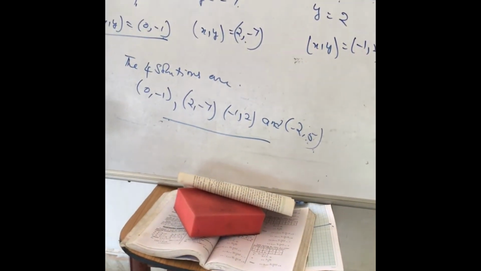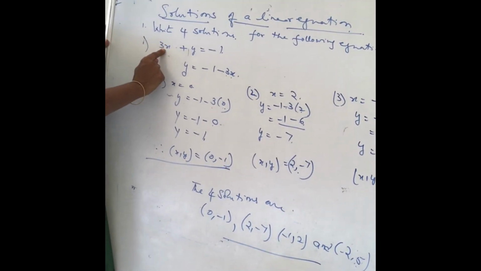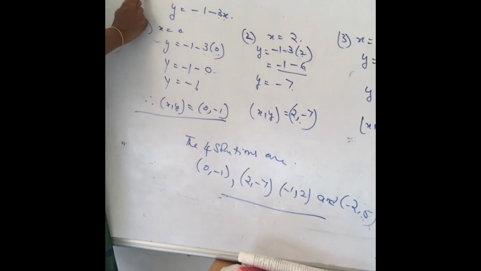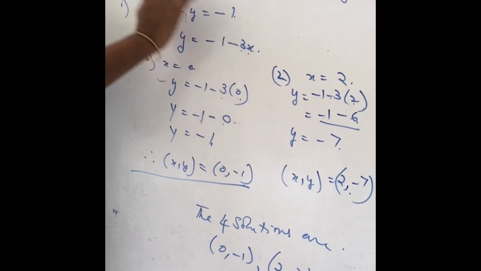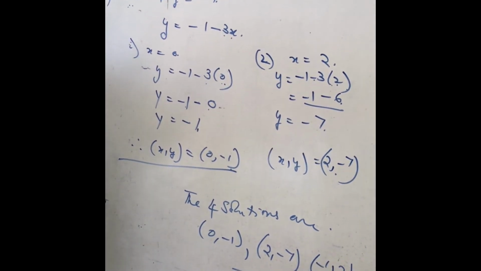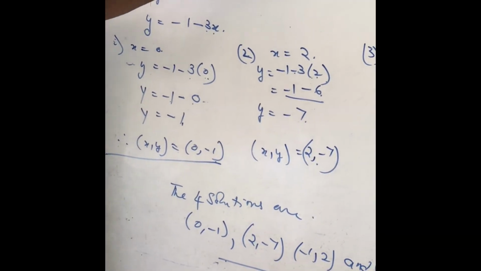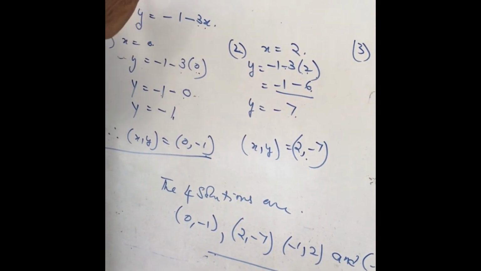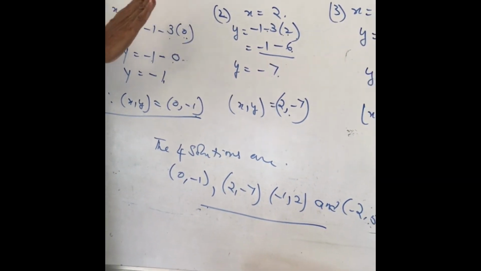I shall repeat, children. You are given a linear equation in two variables. What is the equation? 3x plus y equal to minus 1. In the beginning itself, we have learned that a linear equation in two variables will have infinitely many solutions. So all of you need not get the same answers, children.